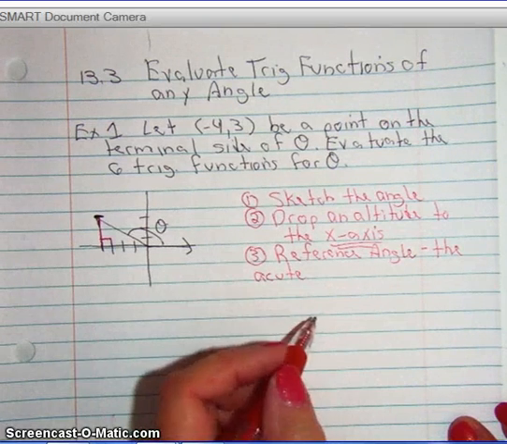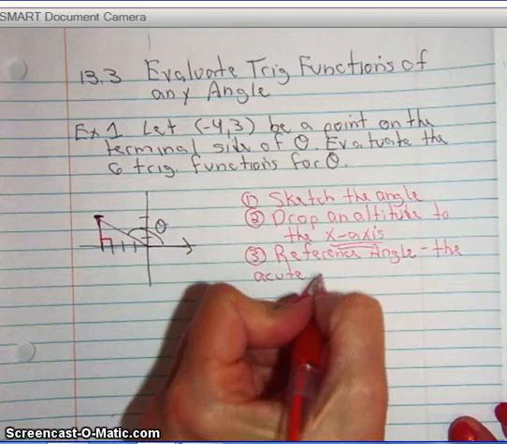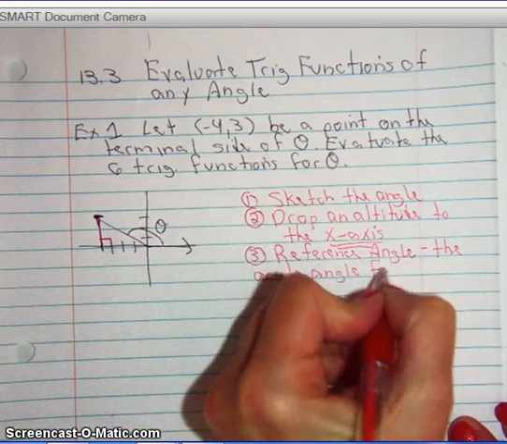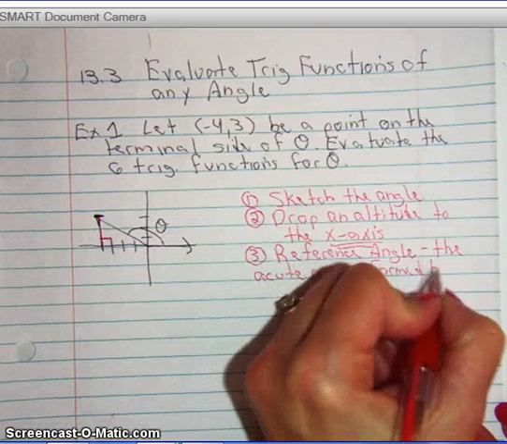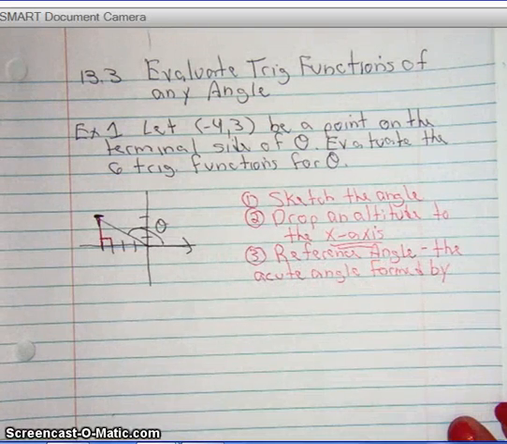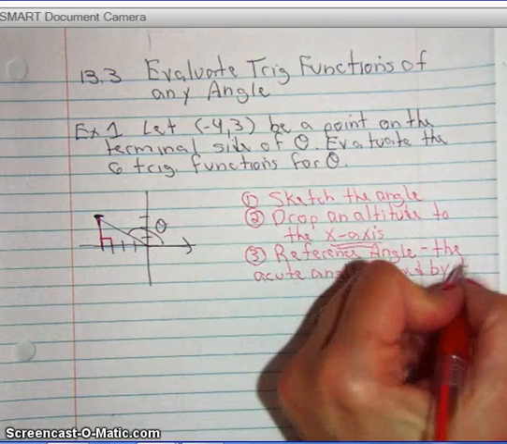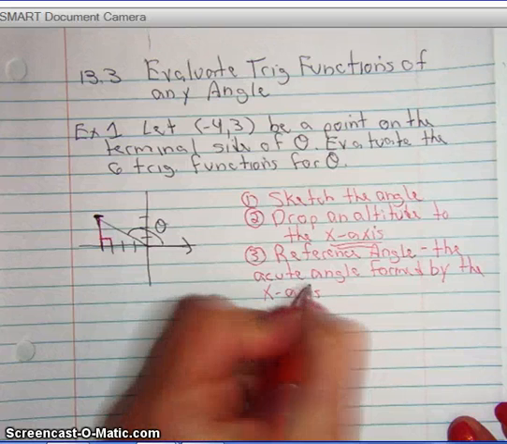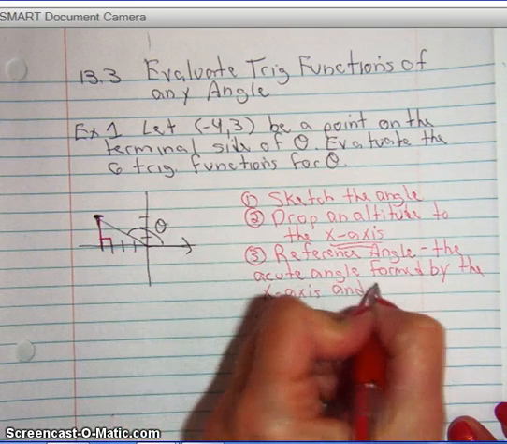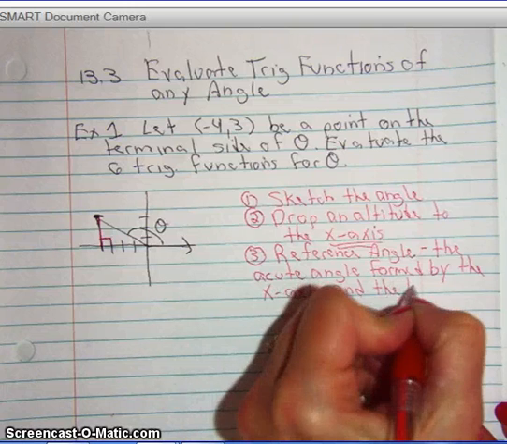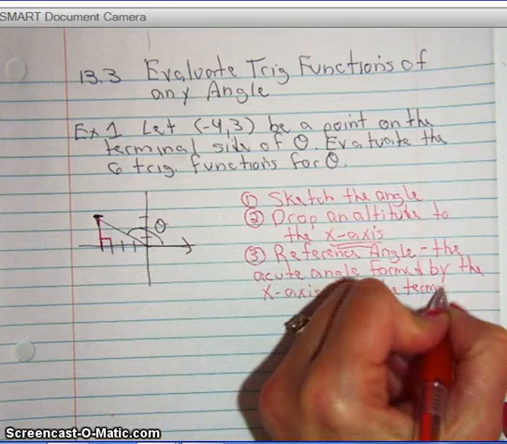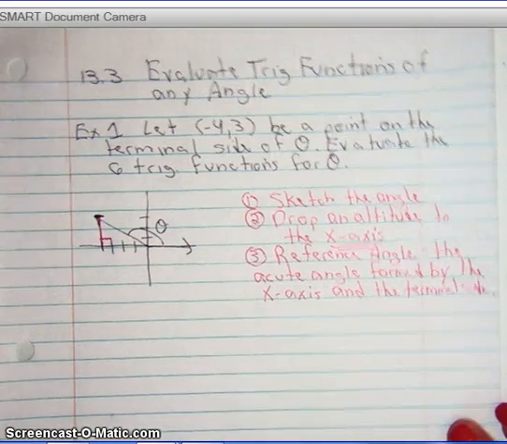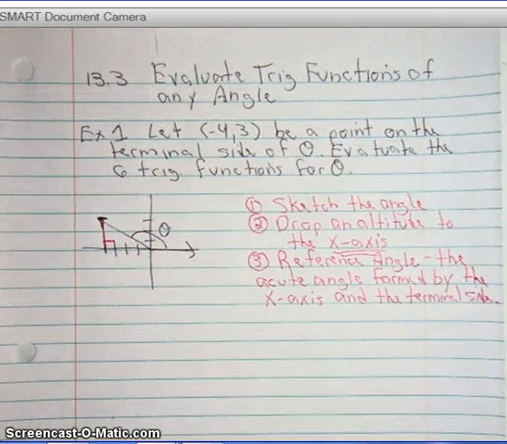The acute angle formed by the x-axis and the terminal side. That's going to be our new theta.